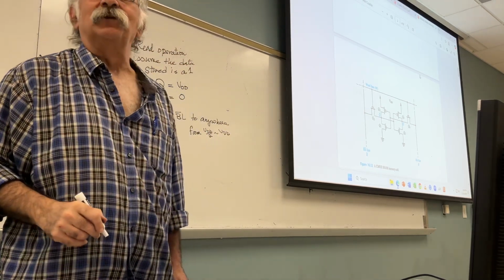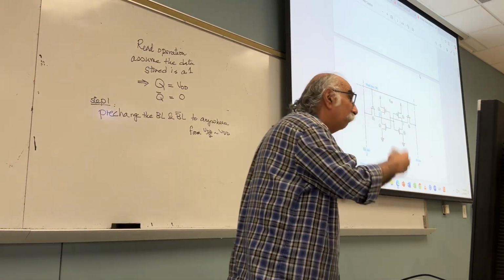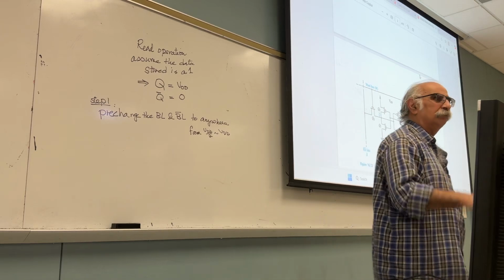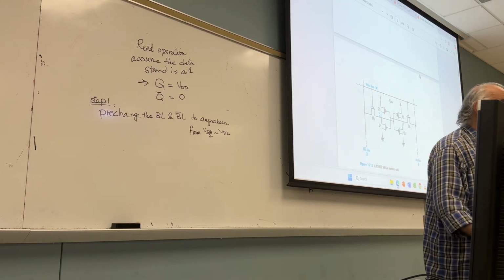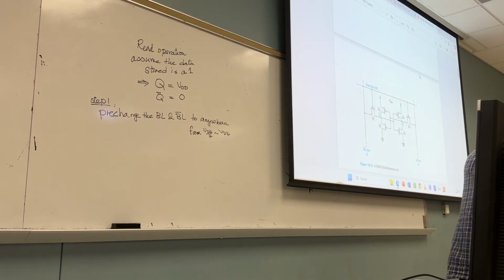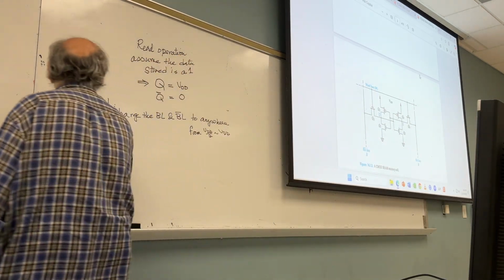Did you get it or not? Pre-charge them. Question: how are we going to pre-charge them to VDD? I will show you in a minute. Just take my word for it right now. Clear? Good. This is number 1.